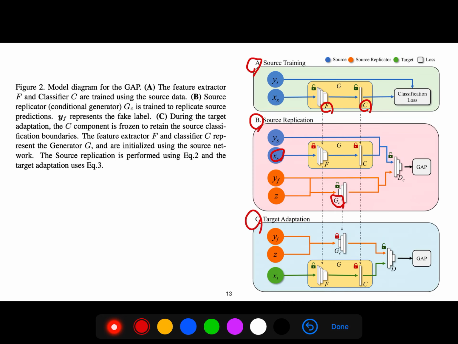And in C, we have target adaptation. During target adaptation, the C component is frozen to retain the source classifier.